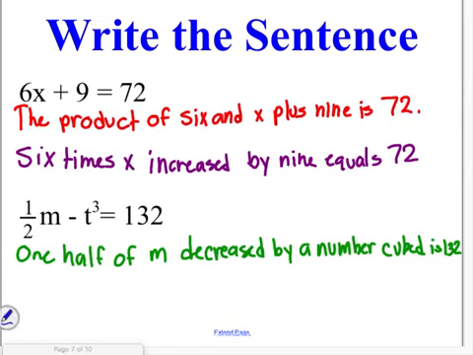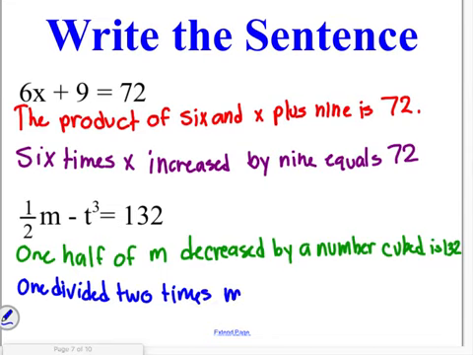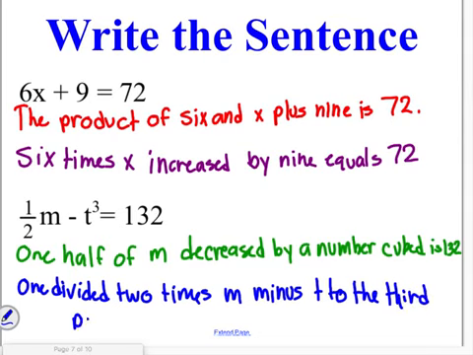Another example for this is we could say 1 divided by 2 times M minus T to the 3rd power equals 132. Again, just a couple of options out of the many possible ones.